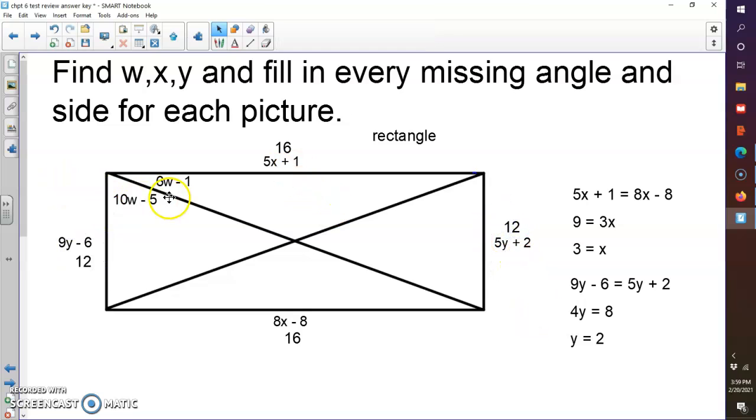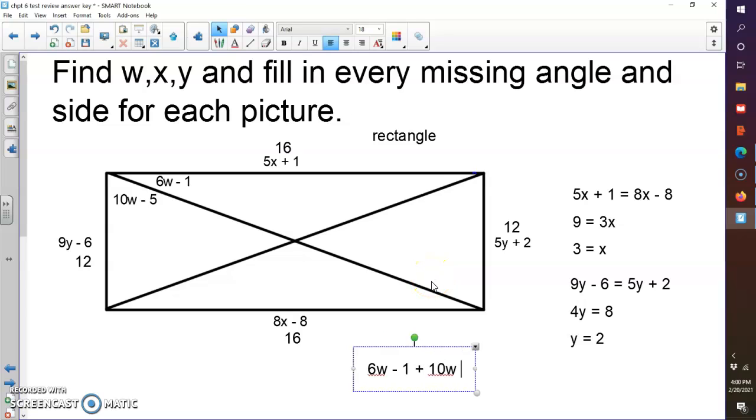Now, to get my w, it's a rectangle. So these two angles that are represented by 6w minus 1 and 10w minus 5 have to add up to 90.